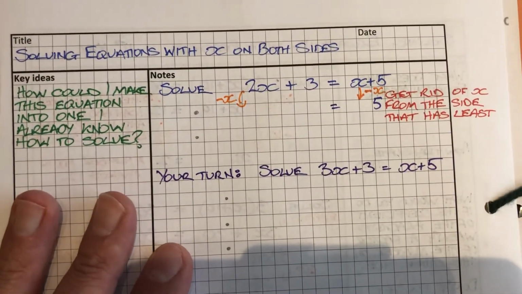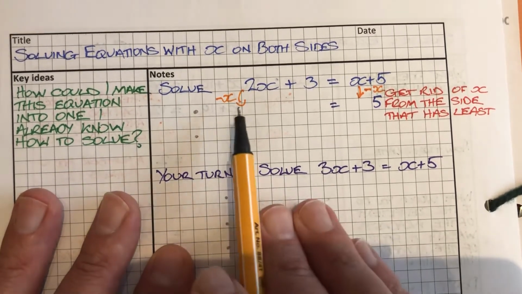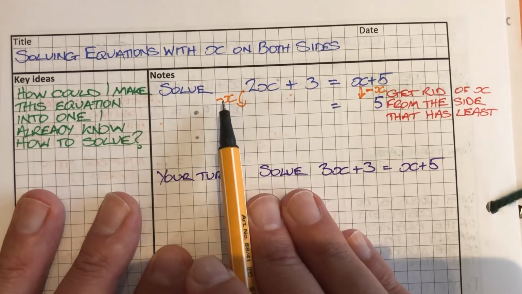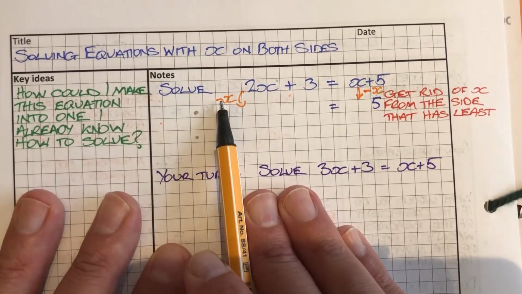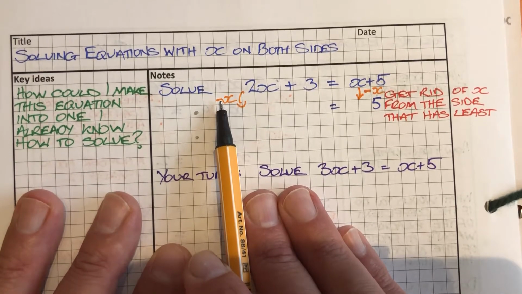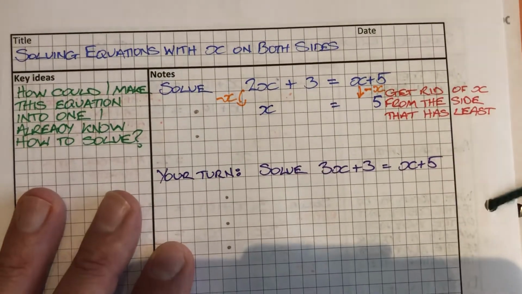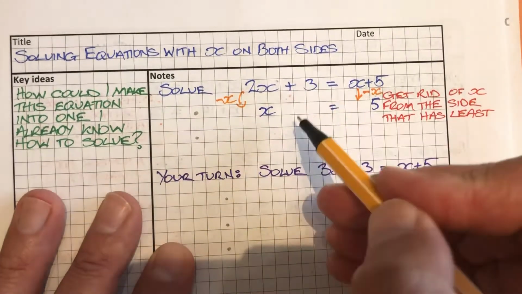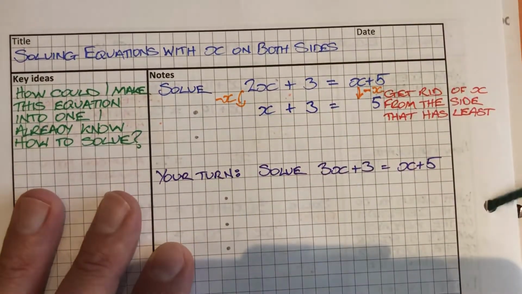Now, don't forget, x means 1x. So we're taking 1x away from here. So we've got 2x, take away 1x. So that's 1x, or as we normally write it, just x. The add 3, haven't done anything with it, copy it down.